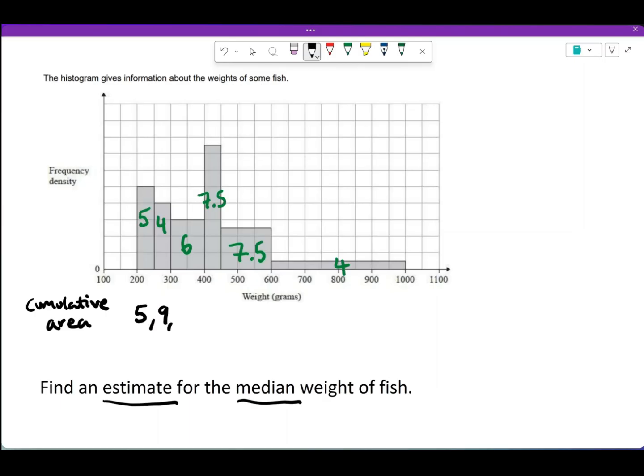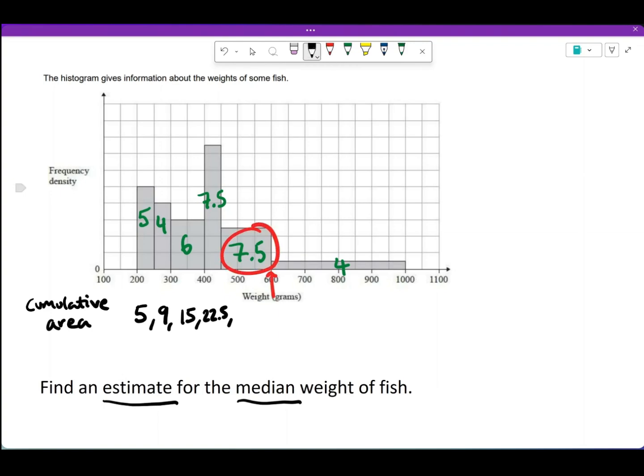And then by the end of my next class here, we've added in an extra 6 in area. So our total area is going to be 15. Then up until the end of the next class, we've added in another 7.5. So we add the 7.5 onto the 15, which gives me 22.5. So that's my total area so far. And then up until the end of the next class, we're adding in another 7.5.